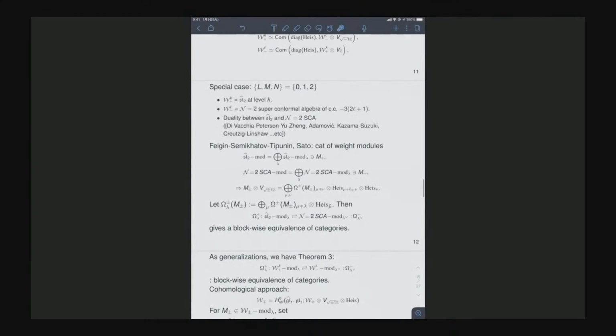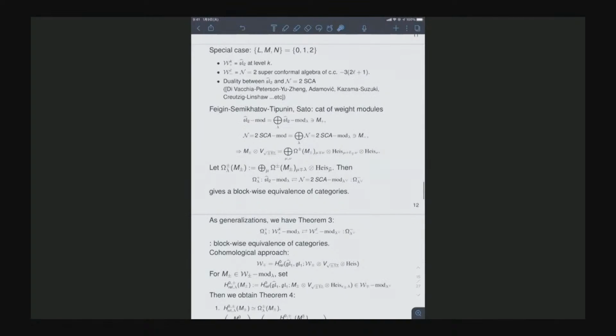And this gives a functor Ω_λ^+, and also in opposite Ω_{-λ}^-. And we can prove that they are inverse to each other, and this gives the equivalence of block categories.